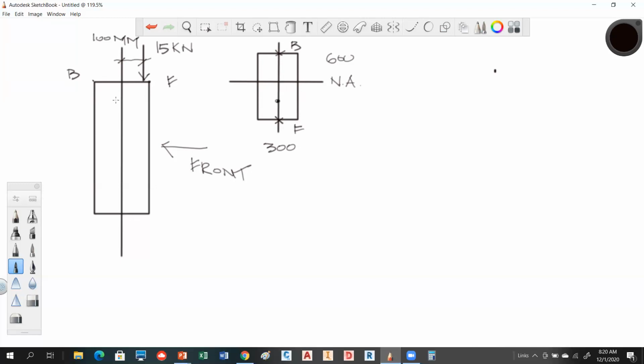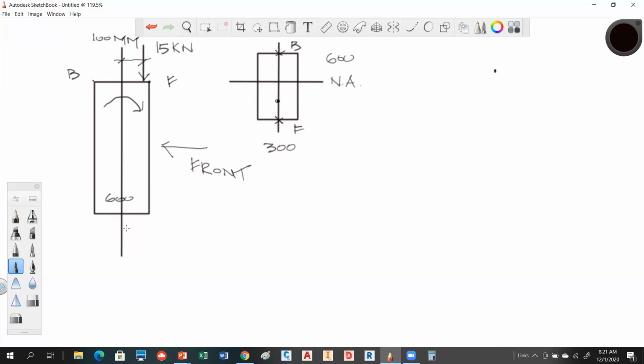So we have a bending moment occurring like this. It's compressing the front and tensioning the back. Does everybody see that now? You guys okay with that? So this would be 600 millimeters across this direction.